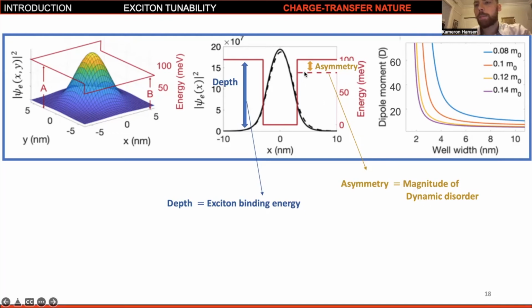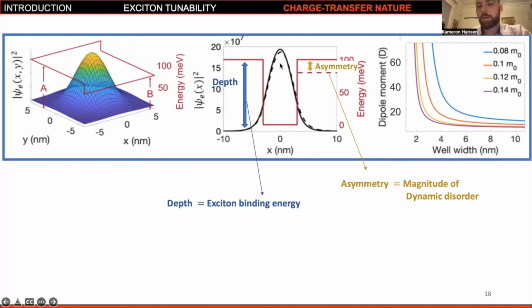And as the phonon modes populate with temperature, because the nuclear coordinates are very ionic and dynamically active at room temperature, that perturbs the energy landscape of the exciton, introducing some disorder.